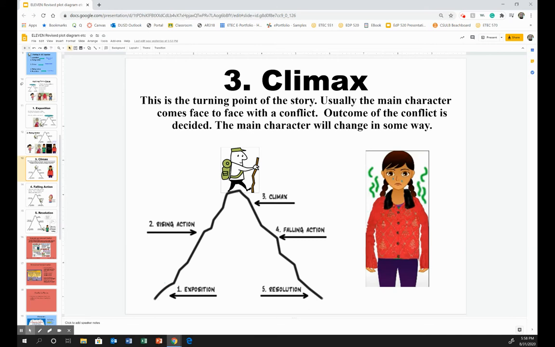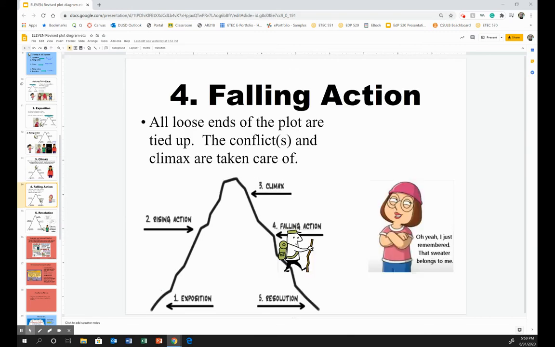Up in the climax, she finally breaks down and she says, "Ugh, I can't take this anymore. This is the most disgusting sweater. It's not mine." And she starts to have a breakdown. That's the climax. She can't take it anymore. And then the falling action is the other girl's like, "Oh yeah, I just remember that's my sweater."